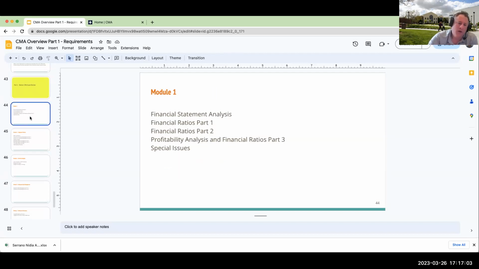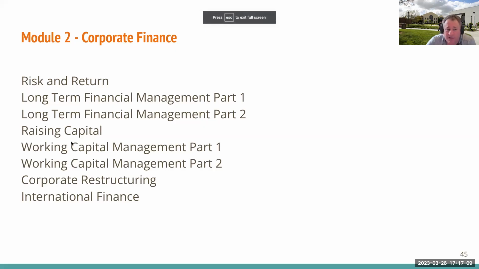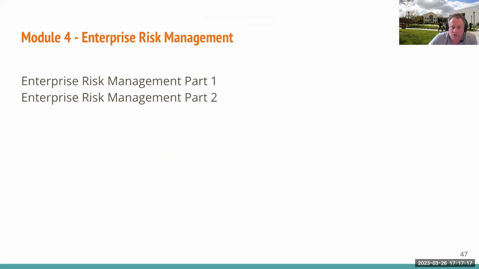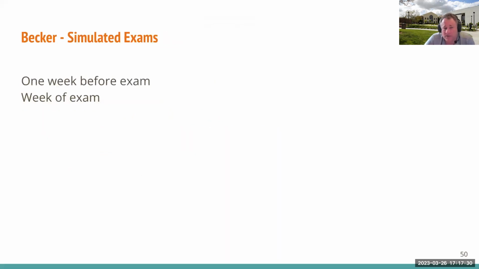So Becker has all their different modules. This is what they're covering for part 2 of the exam. So these are all the different parts that are going to get covered. It's cost, volume, profit, marginal analysis and pricing, enterprise risk management, part 1 and part 2, professional ethics, business ethics, ethical considerations for management accounting and financial accounting professionals, and then for the organizations, and then simulated exams.